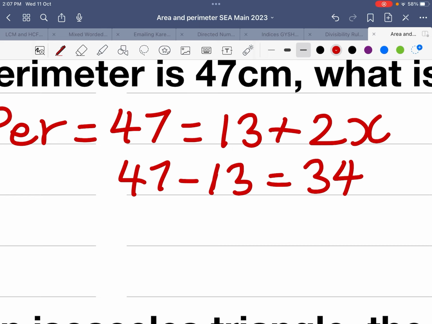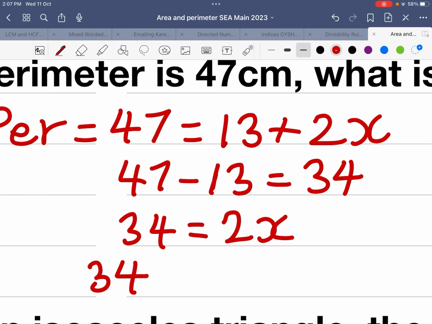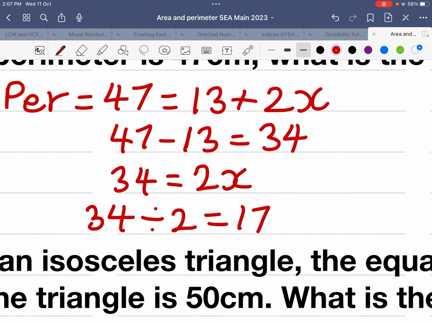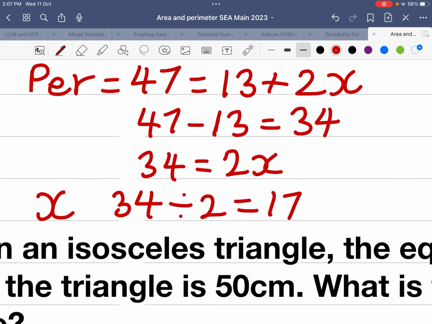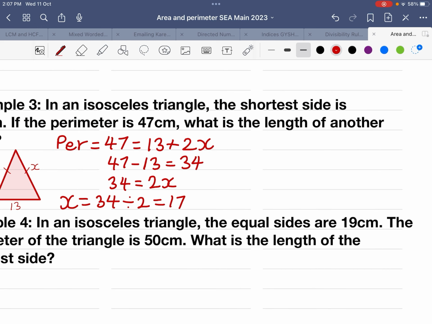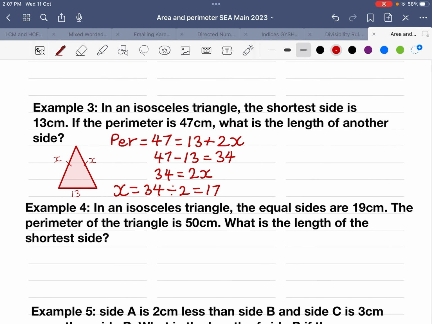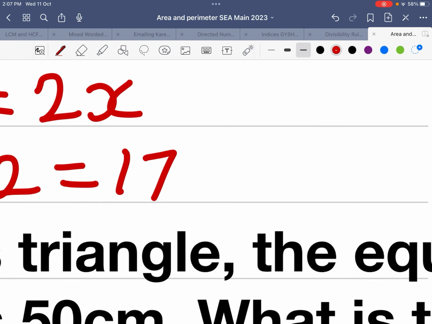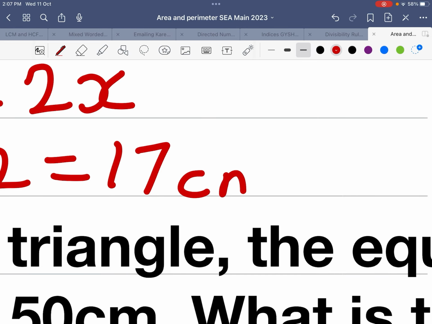So that means 34 is equal to 2x. So 34 will give you the sum of the other two sides. 34 divided by 2 will give us 17. So x is 17. So the other side is 17 centimeters.